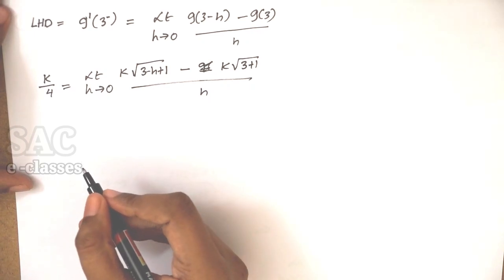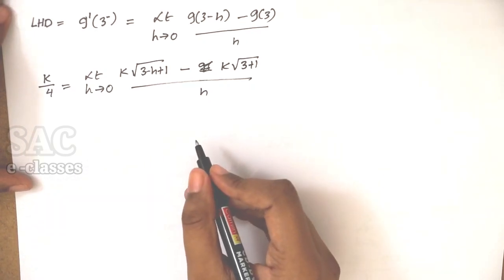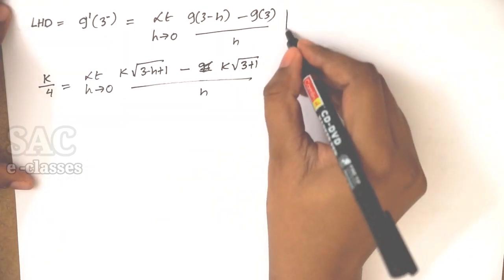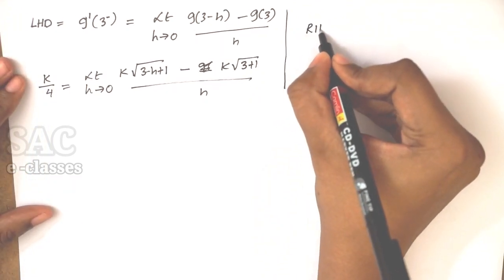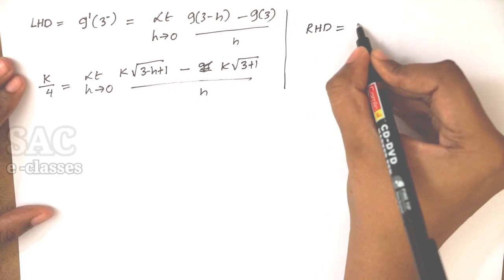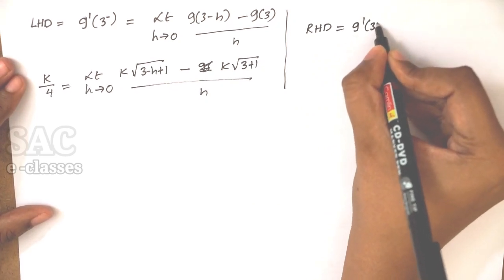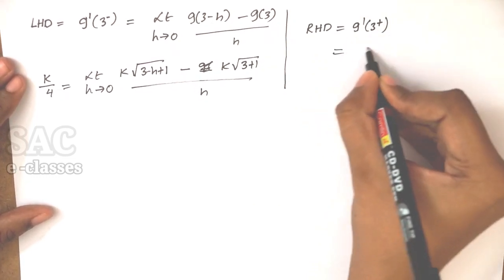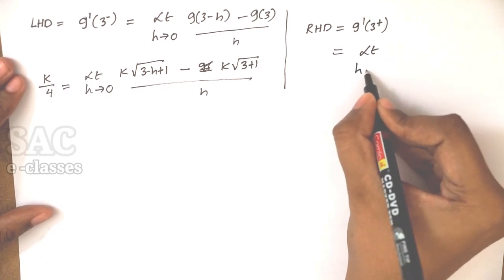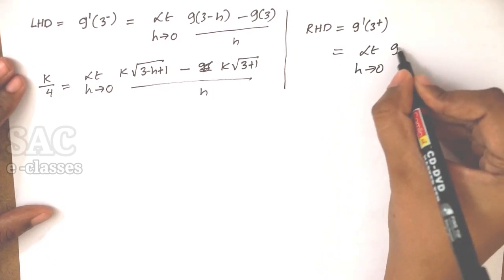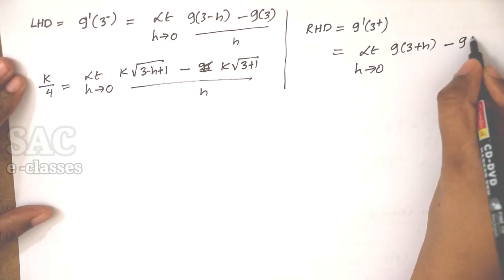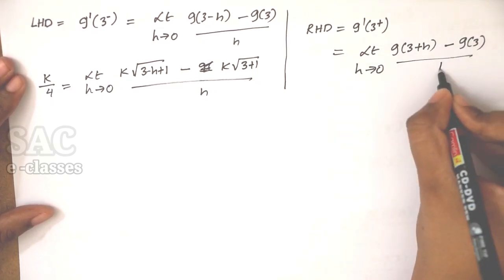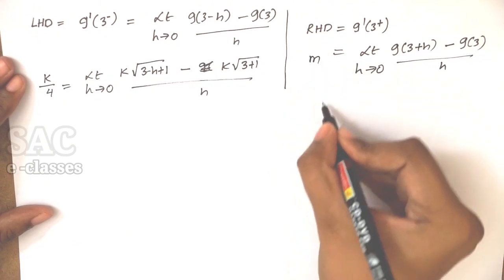But it does not give us much value and there is no m relationship. That is why let me take RHD now. That is g dash of 3 plus, which is equal to limit h tends to 0 of g of 3 plus h minus g of 3 by h, which is equal to m.